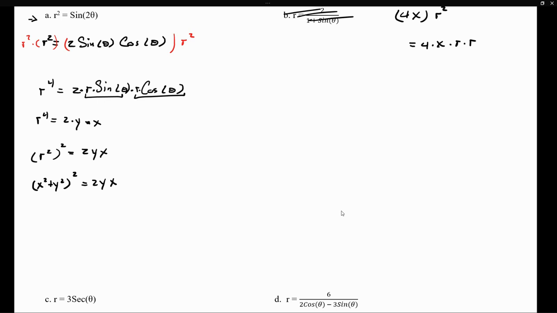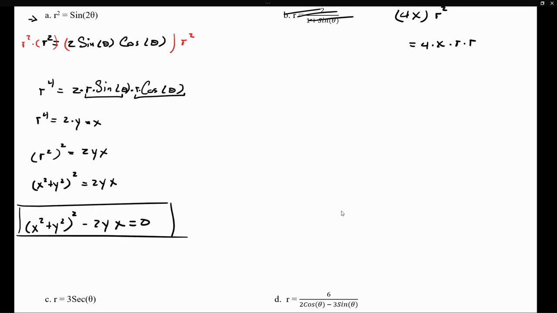And now it's going to be very difficult for us to solve for y, so we're just going to set it equal to 0. So here it is. The original equation, r squared equals sine of 2 theta, is equivalent to this Cartesian equation, or rectangular equation, I should say.